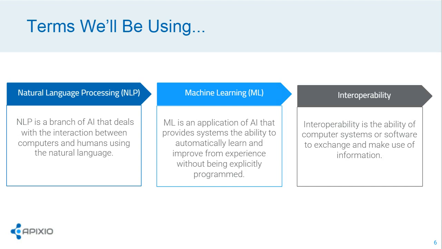Apixio has been in the space for, as I mentioned, 10 years developing AI models, and it's really looking across the ecosystem of structured and unstructured chart and claims data, whether it be a scanned image or electronically available. So that unstructured data together with structured data, whether it be claims or, in the risk arena, a RAPS file, as well as other demographic and electronically available data.